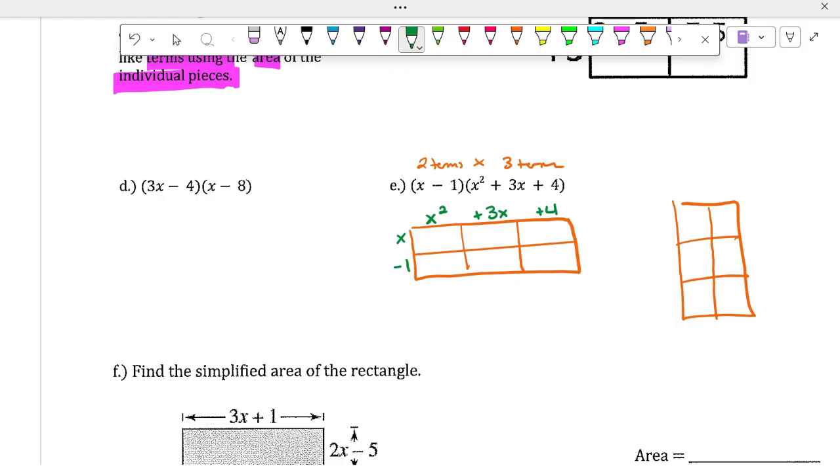Okay? So take a minute and fill in that box on your own. And remember, you're multiplying, so make sure you're using those product rules.